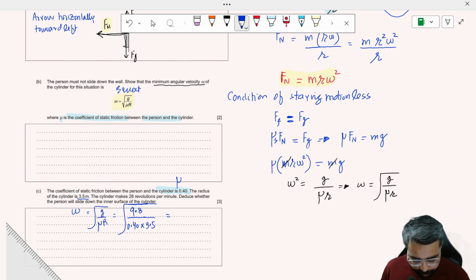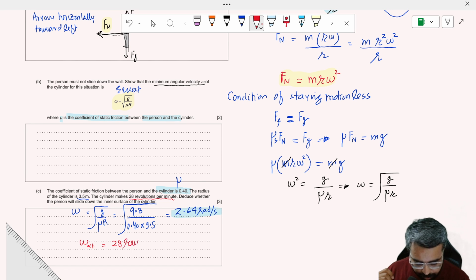Its answer is 2.64 radians per second, the standard international unit. But this is the minimum angular velocity threshold required. Now we have to compare it with the actual angular velocity with which the rotor is rotating. The actual value is 28 revolutions per minute.